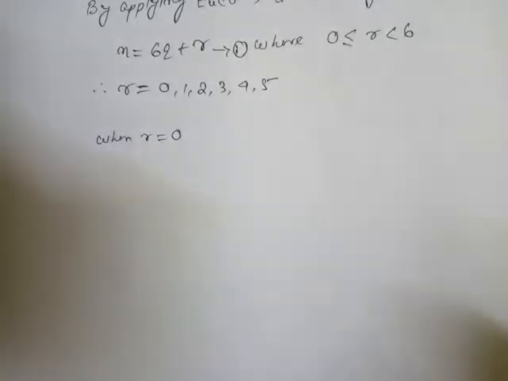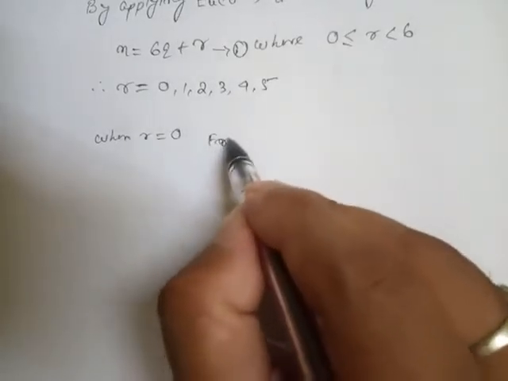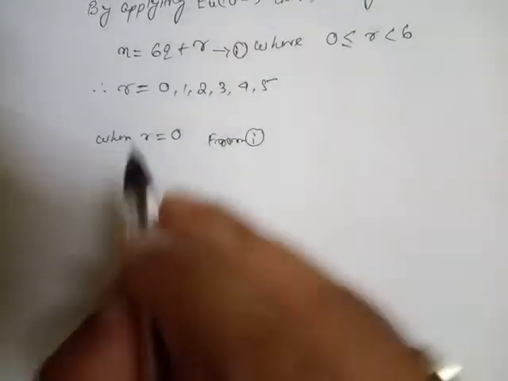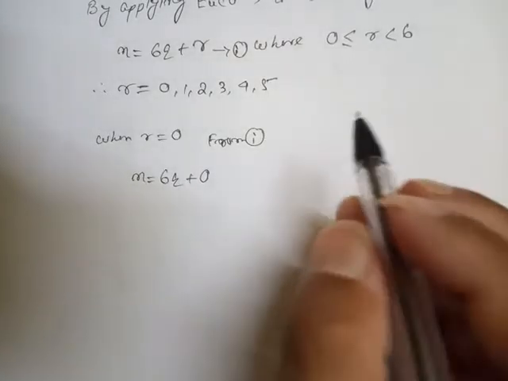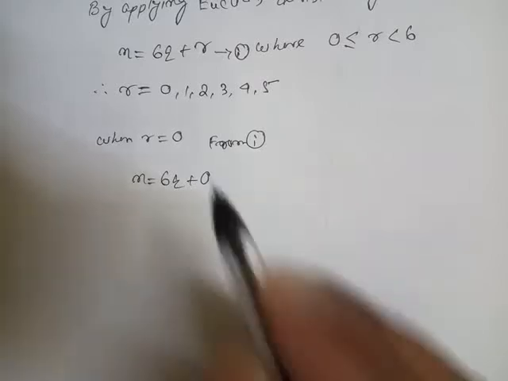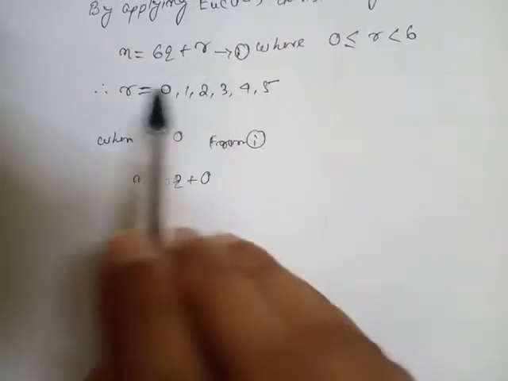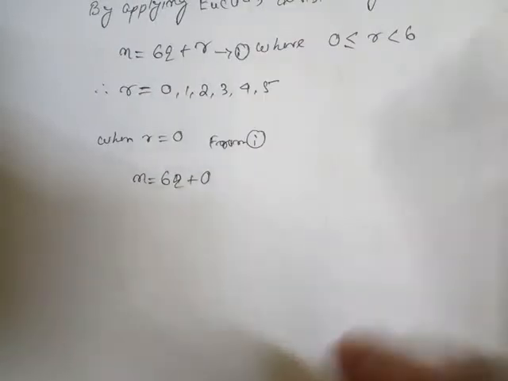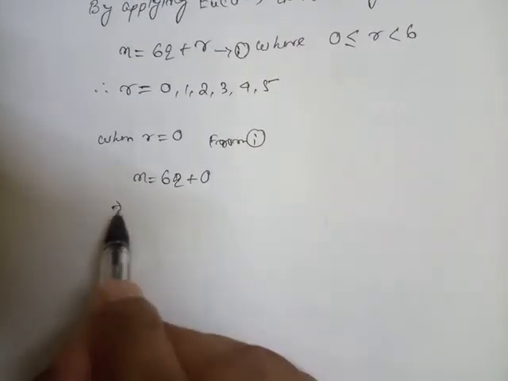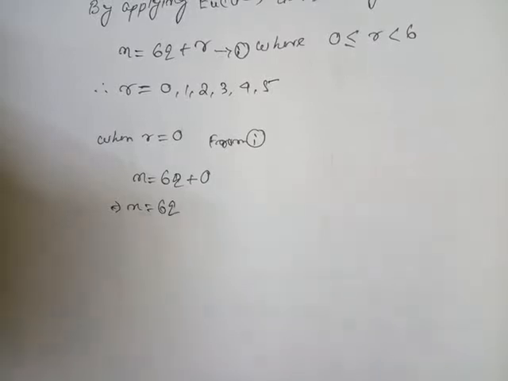r equal to 0, then from 1, n equal to 6q plus 0, since the value of r is 0 for the first case, in place of r I just put the 0. So in the next step we'll write here n equal to 6q.